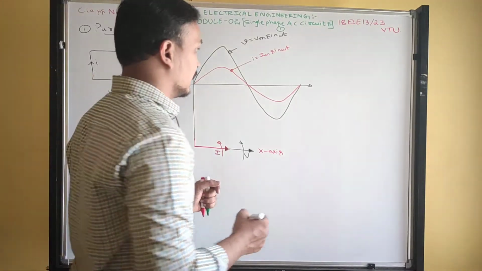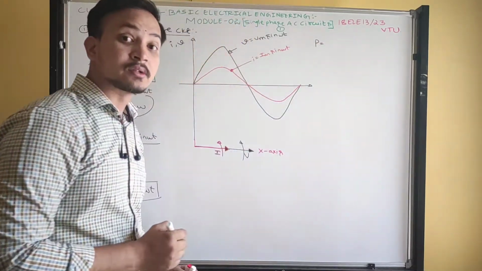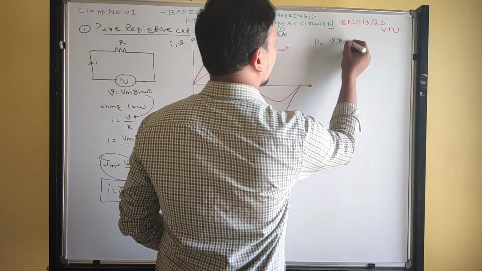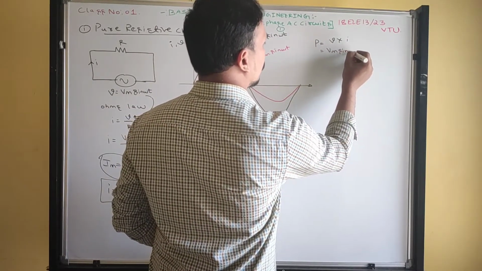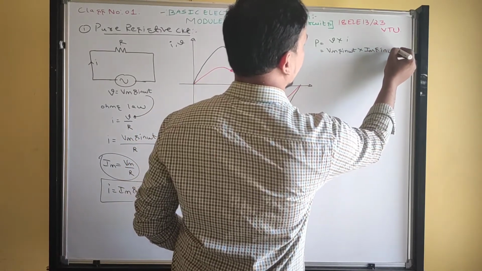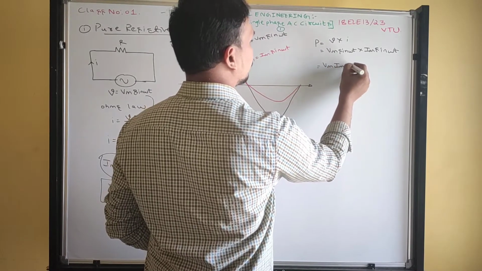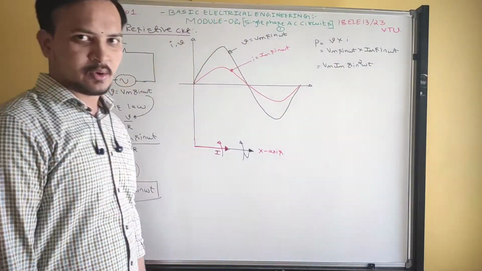Next we need to derive the power consumed in a pure resistive circuit. Look here. What is the power formula? Voltage into current. Vm sin omega t into Im sin omega t. Multiplying these two, you get Vm into Im, and sin omega t into sin omega t is sin square omega t.